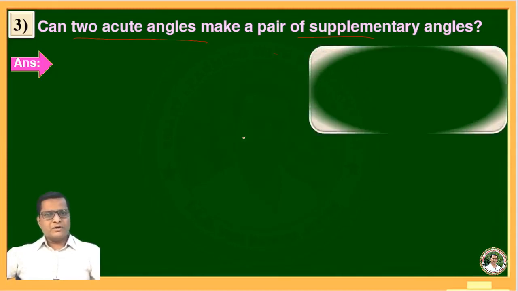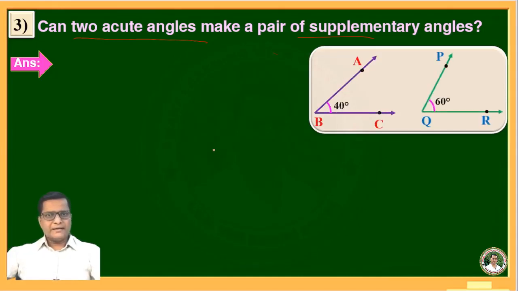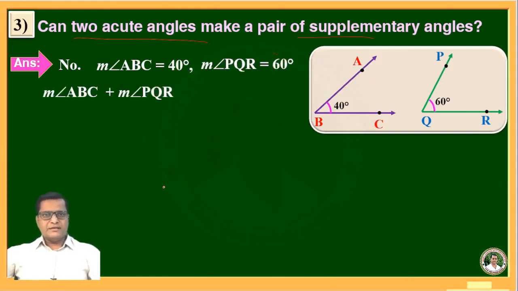First we will draw the figure which contains one acute angle having measure 40 degrees and another angle, angle PQR, having measure 60 degrees. Then what is the answer? The answer is no. The two acute angles cannot make a pair of supplementary angles because measure of angle ABC is 40 degrees, measure of angle PQR is 60 degrees, and the sum of these two angles is 40 plus 60, which is 100 degrees.